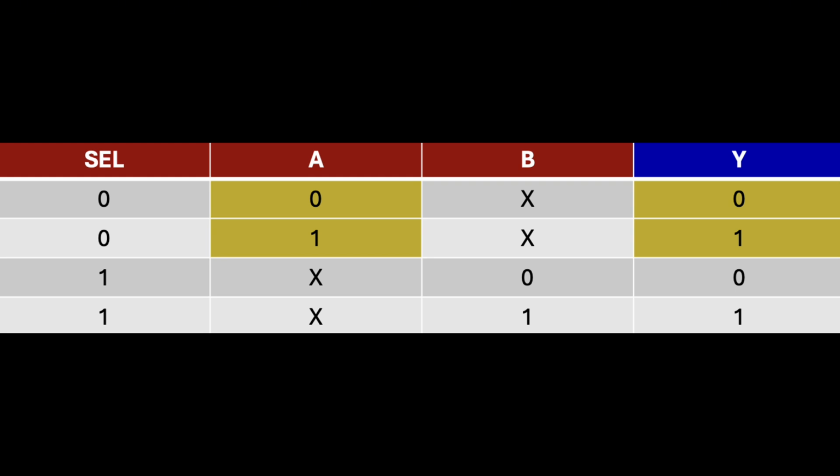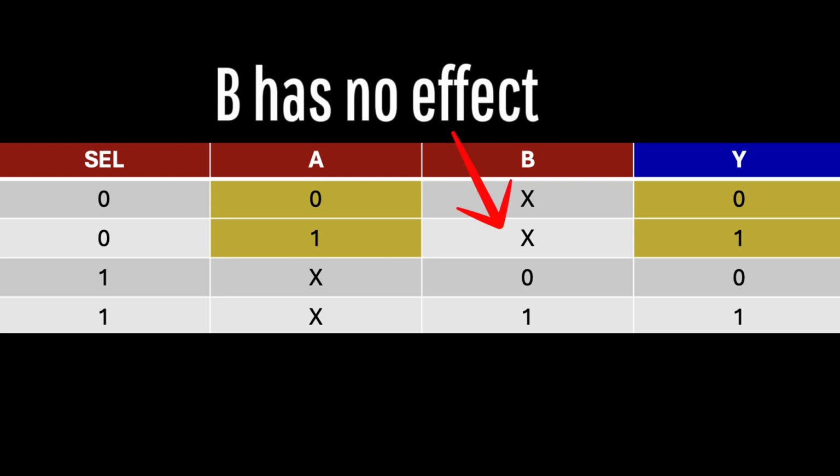As long as sel equals 0, if A is 1, then Y will also be 1, and if A is 0, then Y will also have to be 0. In this interaction, the value of B has no effect whatsoever on the output. This is why we've put the x's there. Simply, we don't care for the x's.